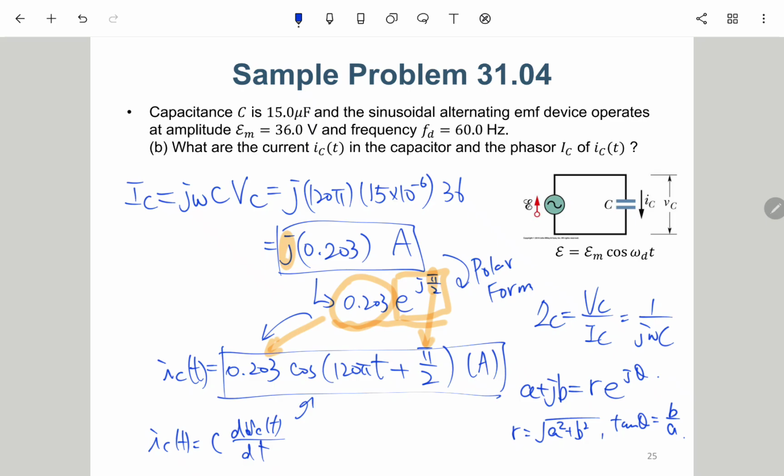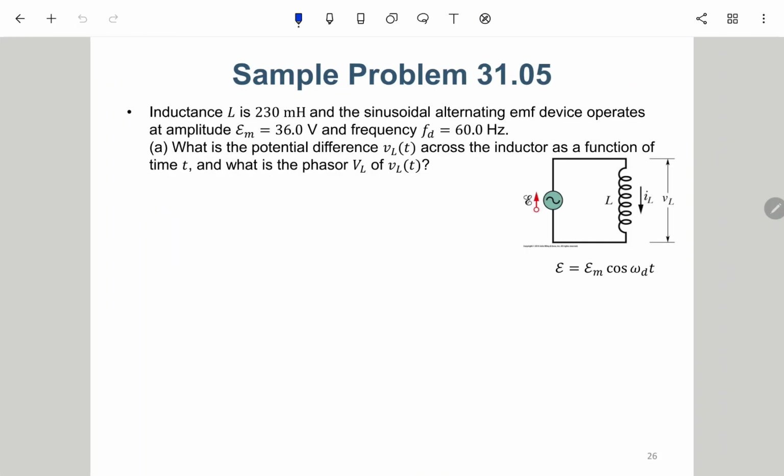So it turns out to be something like this. But here, if you make use of the phasor, you don't need to take the derivative actually. Okay, so we move on to the next one.